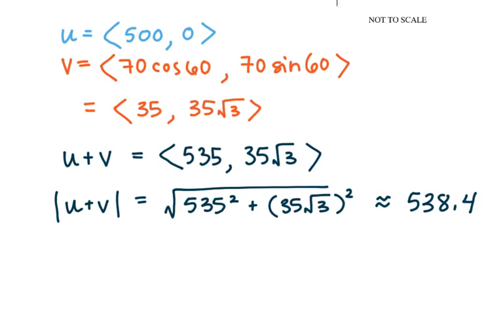Now, we also need the direction. This has been the magnitude. So we know that new speed, or the new velocity, is roughly 538.4 miles per hour, right? That 70-mile-an-hour tailwind has increased that original 500-mile-per-hour velocity about 38.4 units.